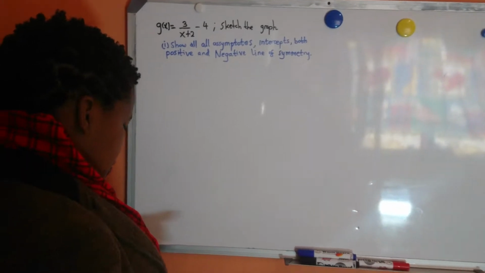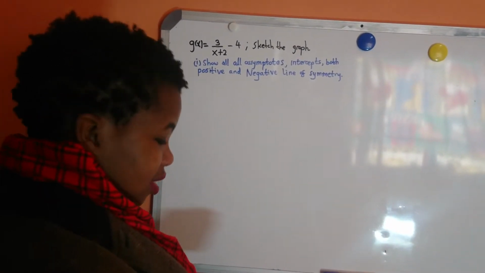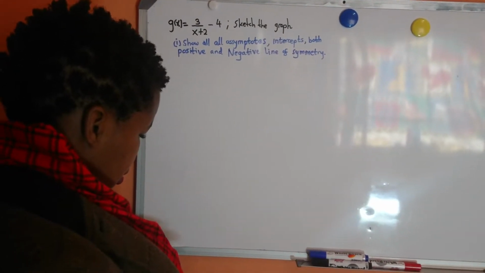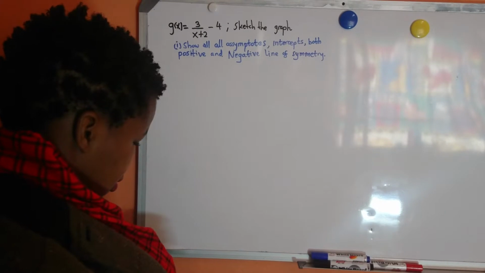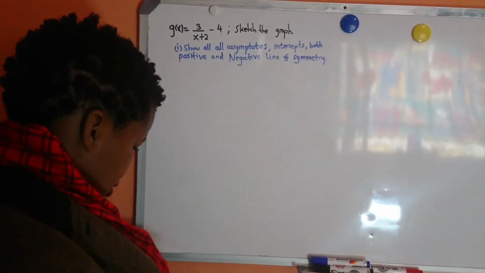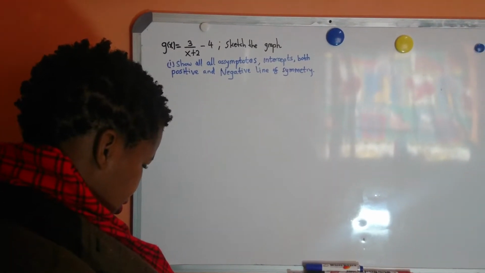I'm not going to tell her which type of graph this is. She has to explain which type of graph it is and how she knows. Is it linear, quadratic, hyperbola, or exponential? Which type of function is that?